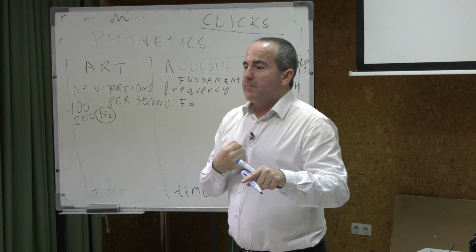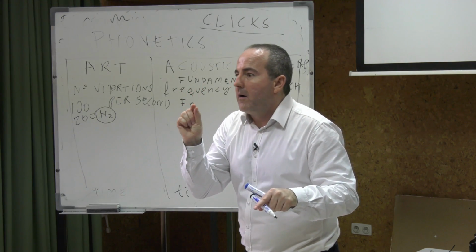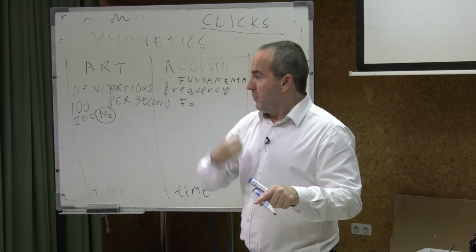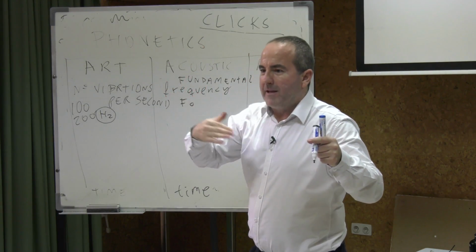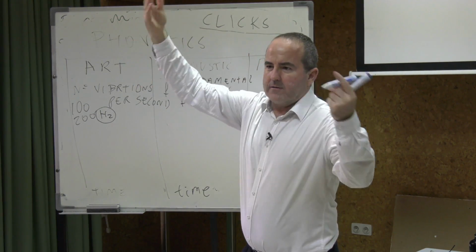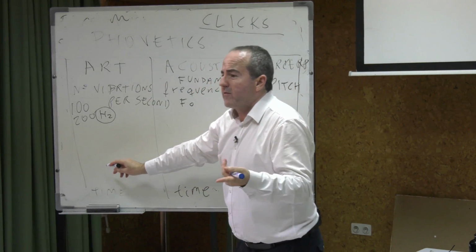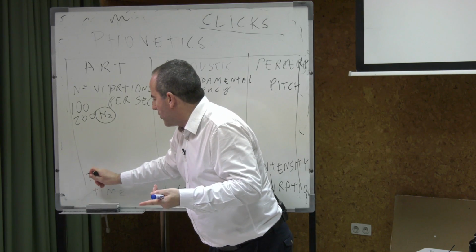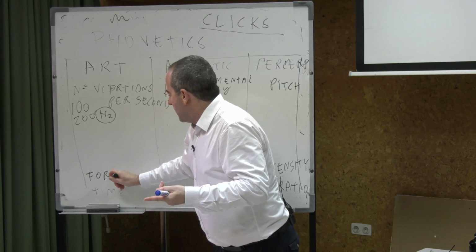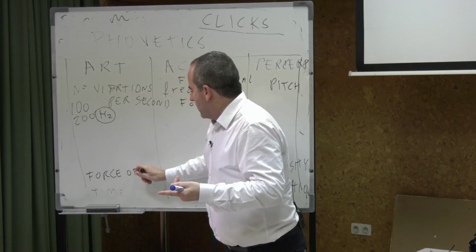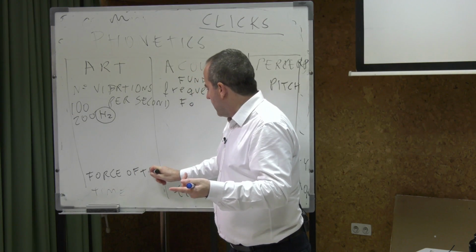I'm going to manage that my sound is softer, but if I put more energy, I make it a sound that is louder, okay? And so how do I do it articulatorily? It's with the force of the air coming from the lungs, okay?